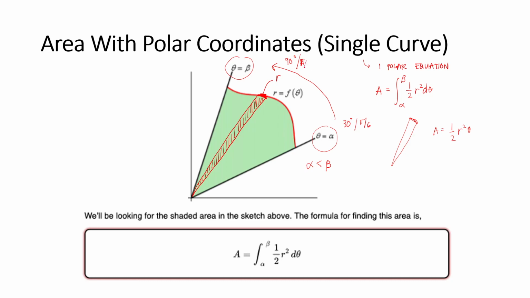It's different if you start at 90 degrees and then go towards 30 degrees. So that's not the case. So it's always counterclockwise direction, coming from a smaller angle going towards a larger angle. So alpha going to beta. So alpha should be lesser than beta.